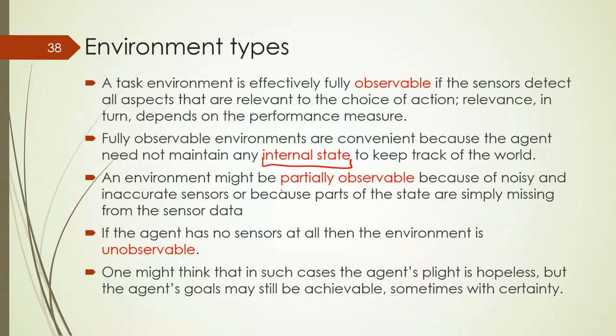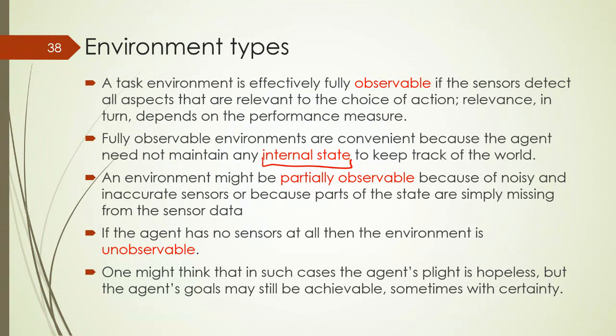An environment might be partially observable because of noisy and inaccurate sensors, or because parts of the state are simply missing from the sensor data. Like a driver who suddenly, because of snow, fog, or some other problem, loses part of eye contact.